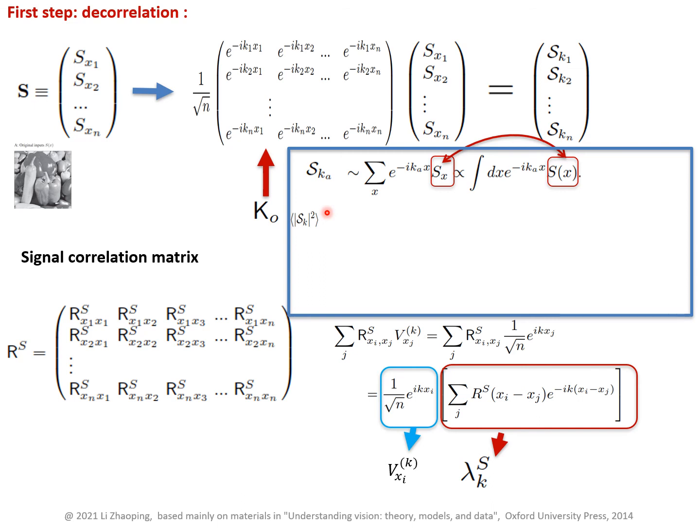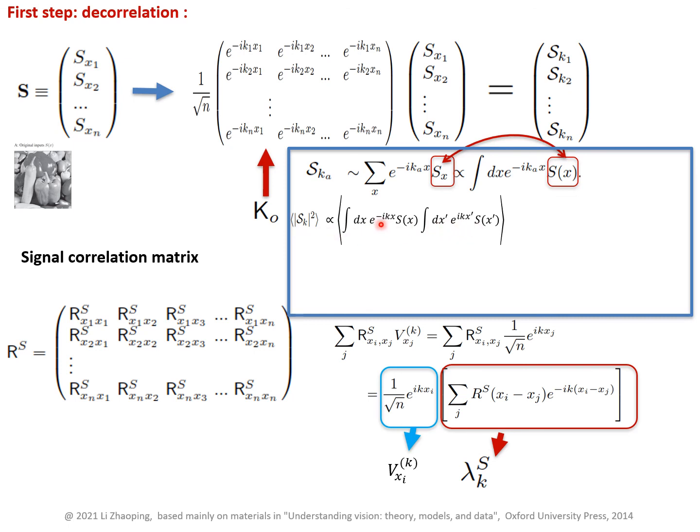And we can also try to calculate the average power of this Fourier wave. So you take the Fourier amplitude, take its magnitude squared, and do the ensemble average. Let's write it out. One s_k, we just write like that and copy it down. The other s_k is actually the complex conjugate. That's why we write it with x prime, just to separate it from the other s_k.